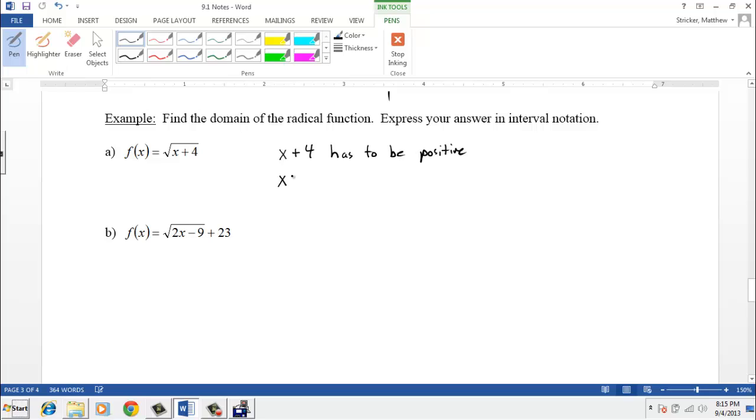Which means that x plus 4 has to be greater than or equal to 0. I should say actually it has to be positive or 0, because you can take the square root of 0. You just can't take negative. Well, if I solve this, I can subtract 4 from both sides. And that gives me that x is greater than or equal to negative 4, which means that the domain is everything from negative 4 to infinity.